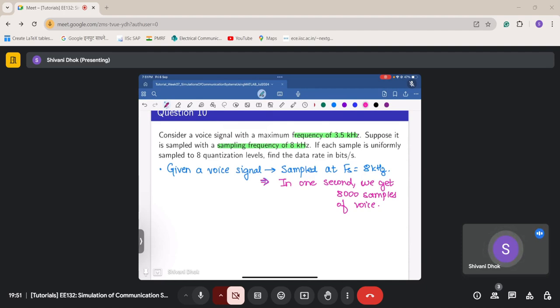Then it is given to us that each sample is uniformly quantized to 8 quantization levels. So each sample is quantized to one of the 8, let's say L equal to 8, quantization levels.